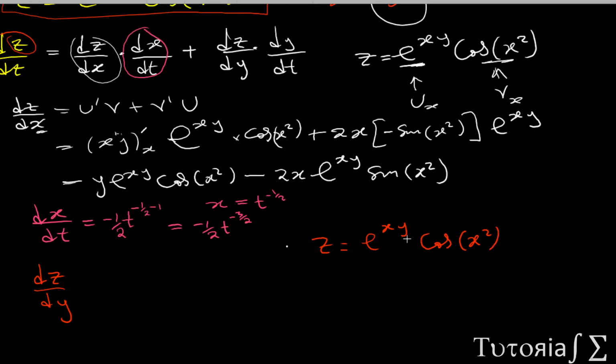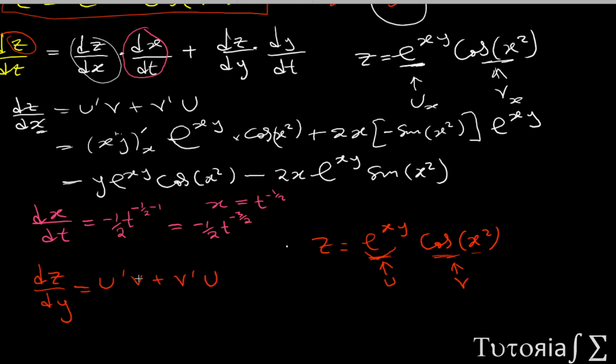So now again, here we can use the product rule. This will be our u. This will be our v. So the product rule says dz with respect to y will be u prime v plus v prime u.